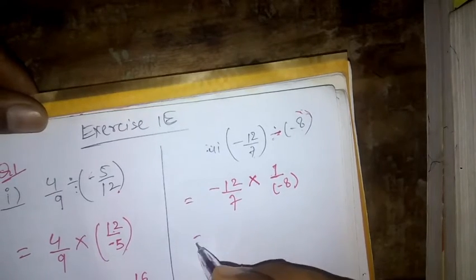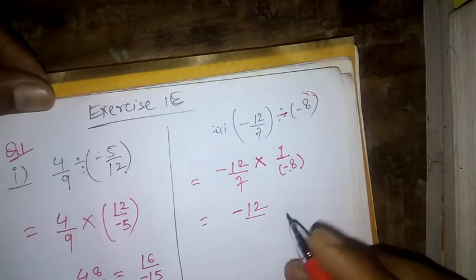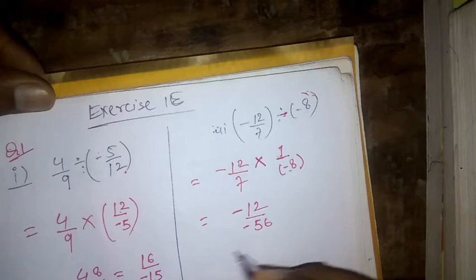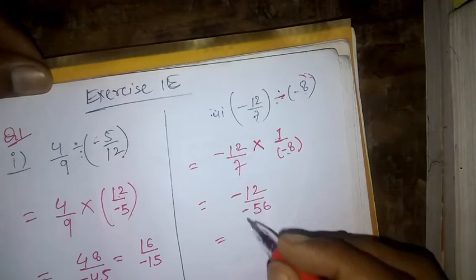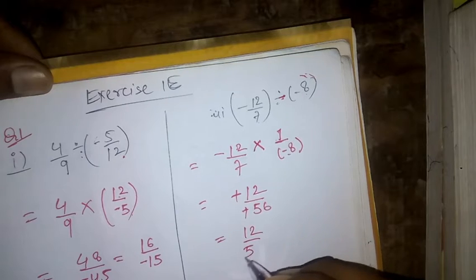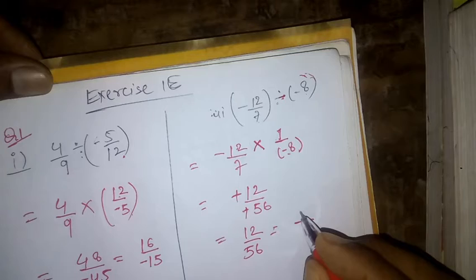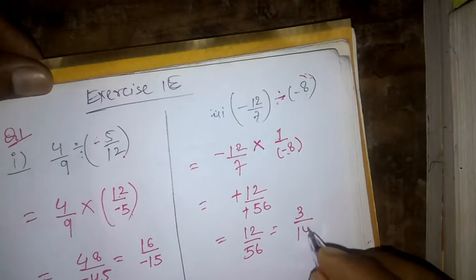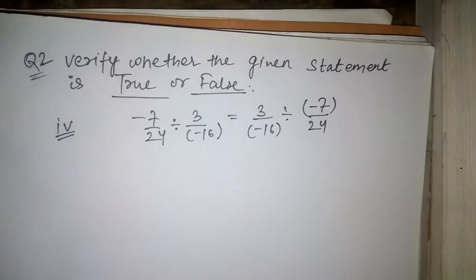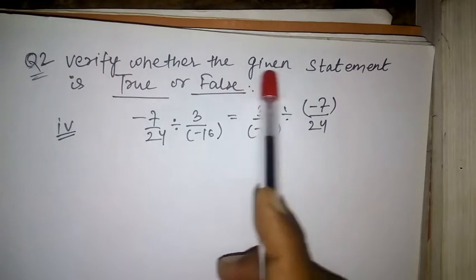So minus 12 into 1, minus 12, and 7 into minus 8, minus 56. Cancel out, 12 upon 56. On simplifying it, we will get 3 upon 14.